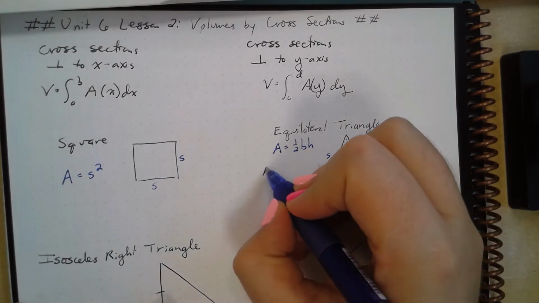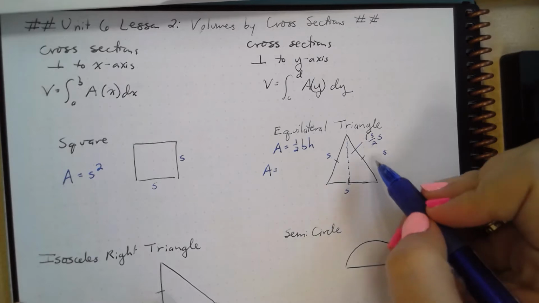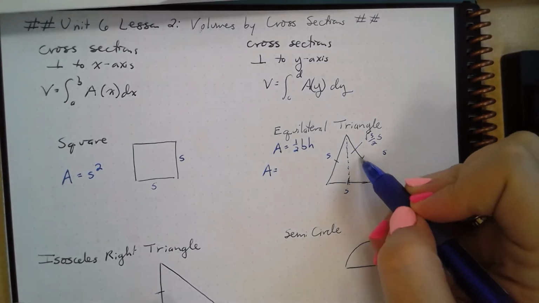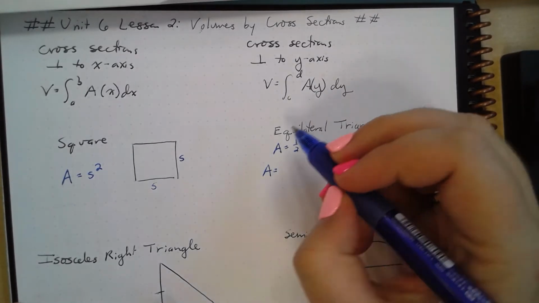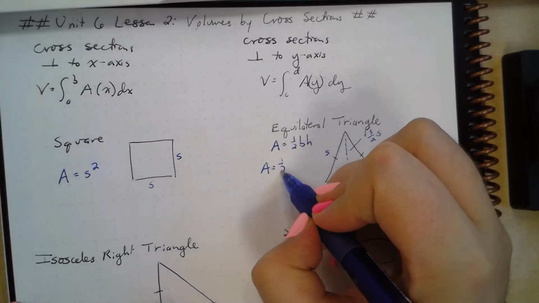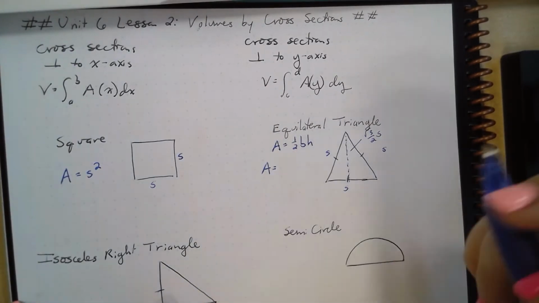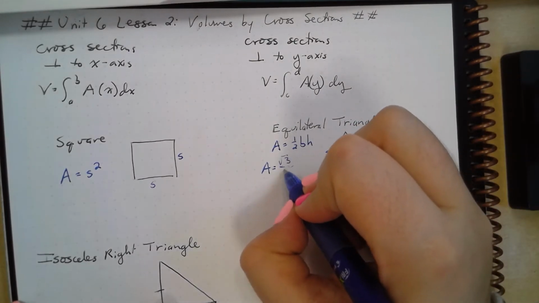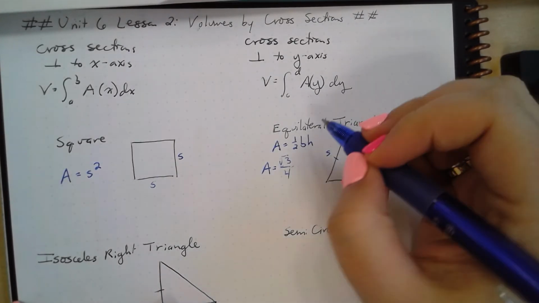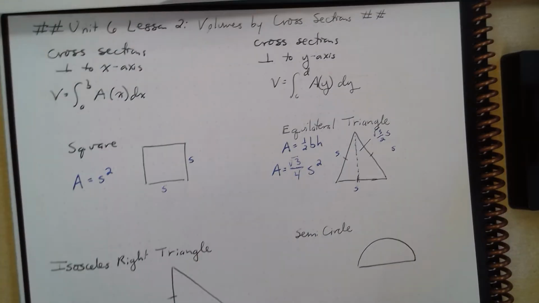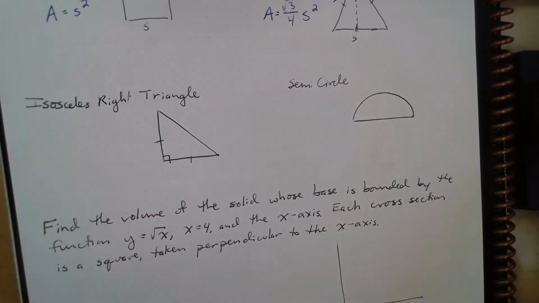So the area of this, because this is radical 3 over 2 s, and then here is s, so for an equilateral triangle it'll be radical 3 over 4 s squared. I took way too long to explain that.